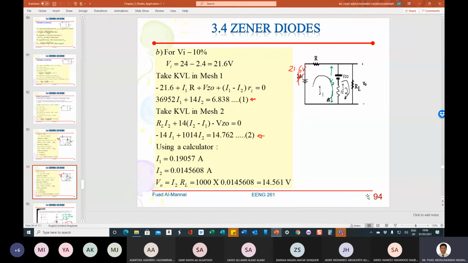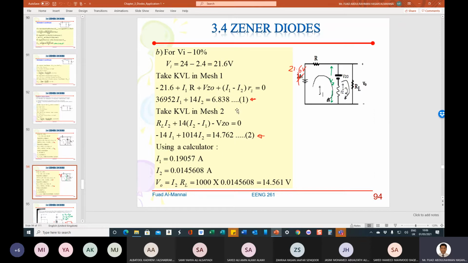This is on slide number 94. Therefore, VI will be equal to 21.6. Do the same thing, KVL, and you'll find that when you do that in mesh 1, you will get this equation here. Do the same thing for mesh 2, and you will get this equation.